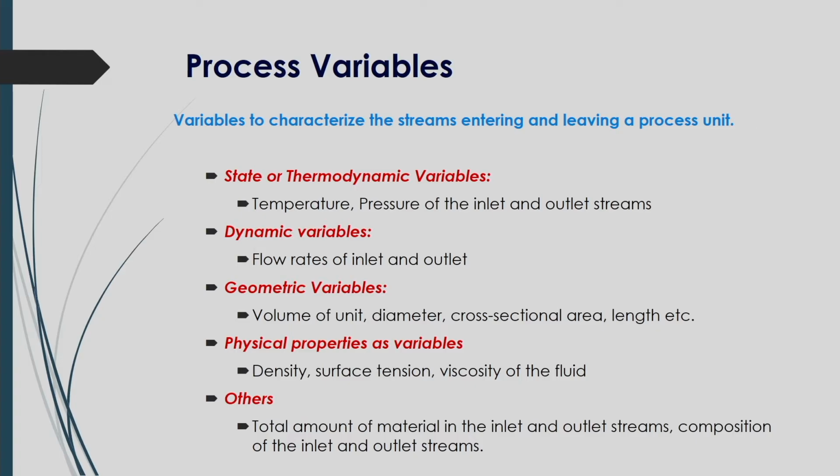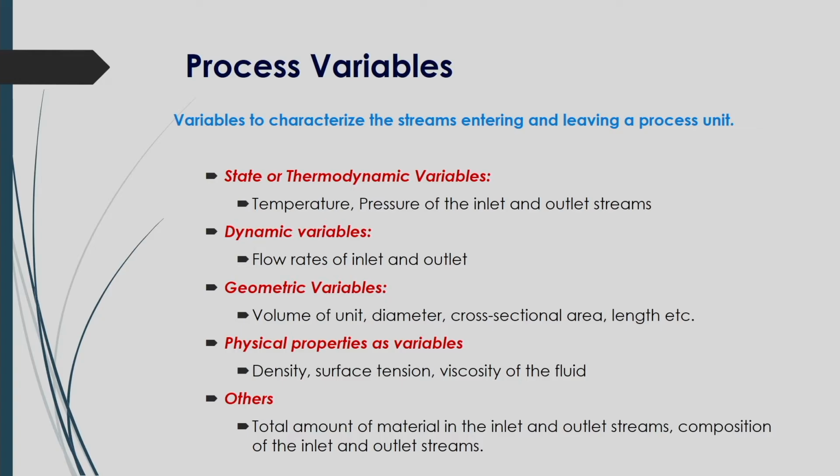Now, dynamic variables are the flow rates of the inlet and outlet, which will influence the process efficiency. Some variables will be geometric variables like the volume of the unit, diameter, cross sectional area, length, and so on.